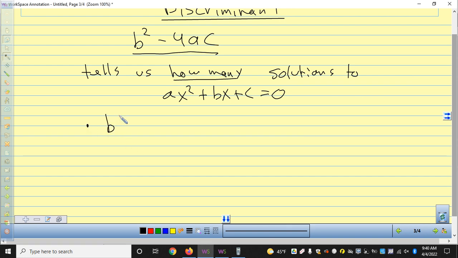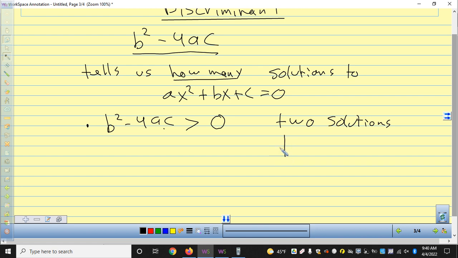If b squared minus 4ac is positive, if it's greater than 0, we have 2 solutions. We get one solution for the plus part of the square root and one solution for the minus part of the square root.